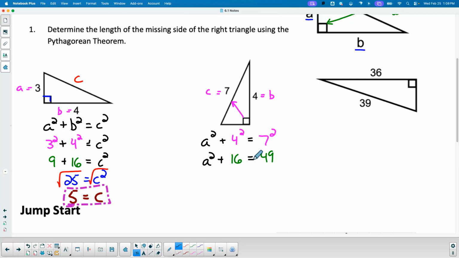How am I going to solve that one for a? Subtract 16 from both sides. 49 minus 16, 33.